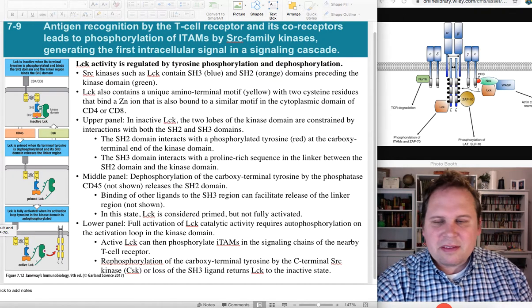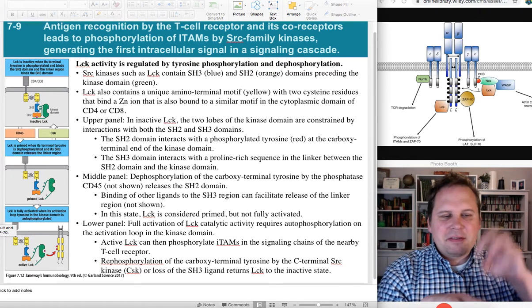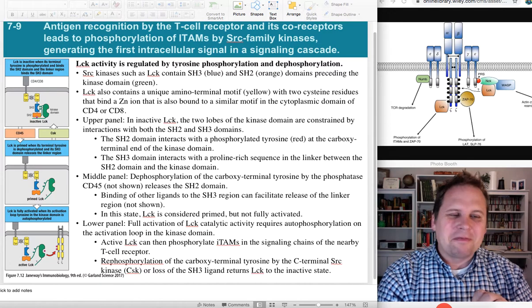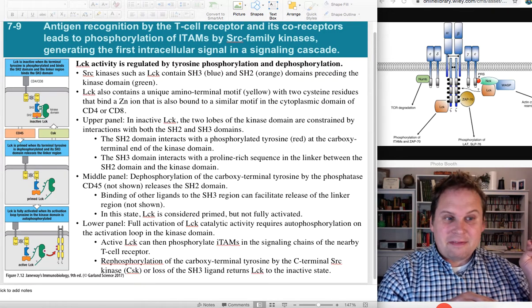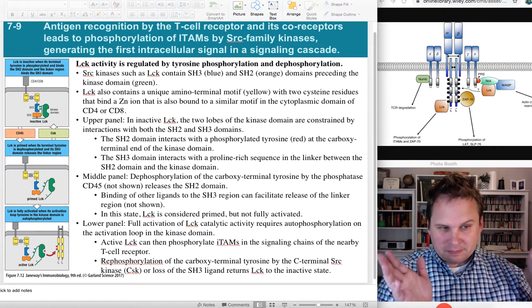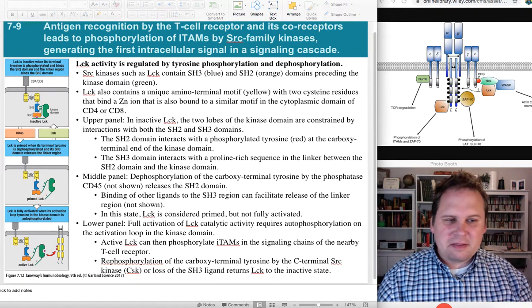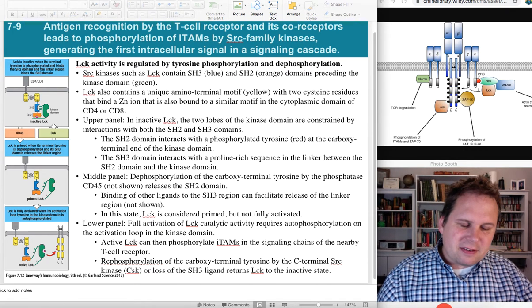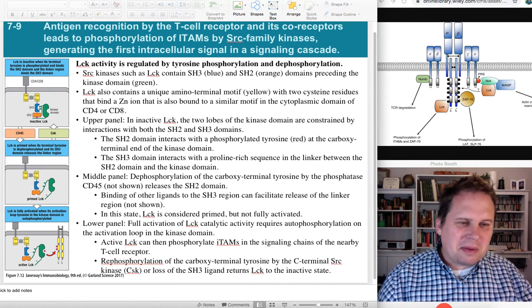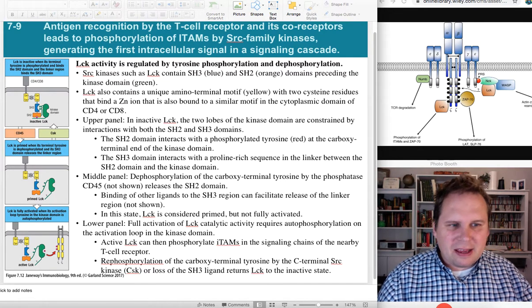The enzyme that does this, so an enzyme that adds a phosphate is called a kinase, confusingly. An enzyme that takes away a phosphate is a phosphatase. So a phosphatase takes phosphate off of a protein. And there is a phosphatase that is also going to be part of this complex, and it's called CD45.